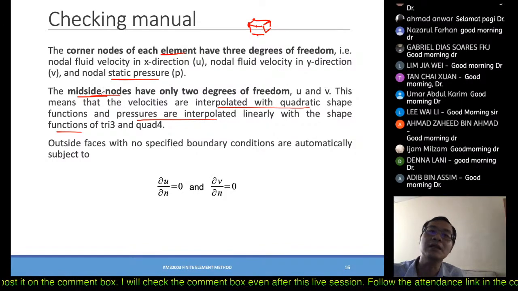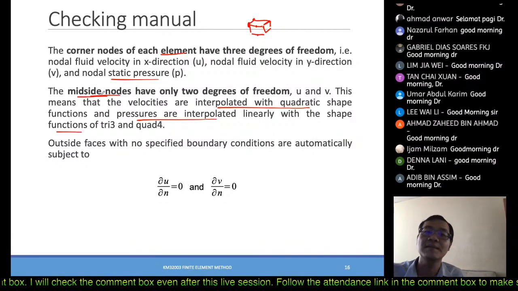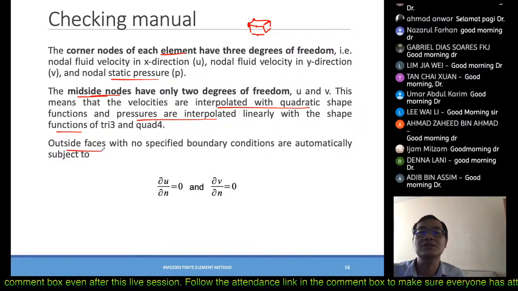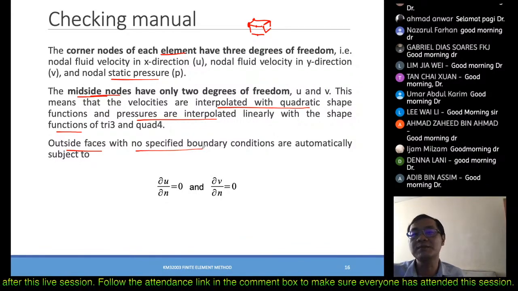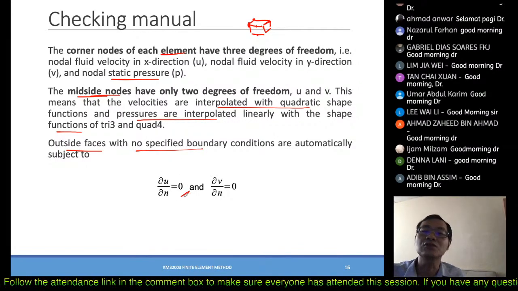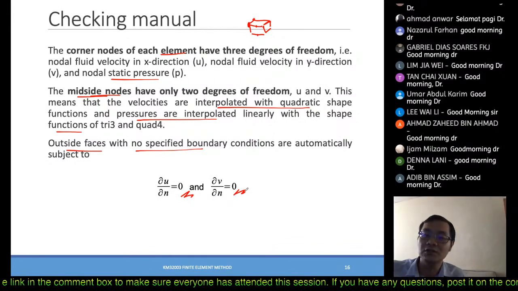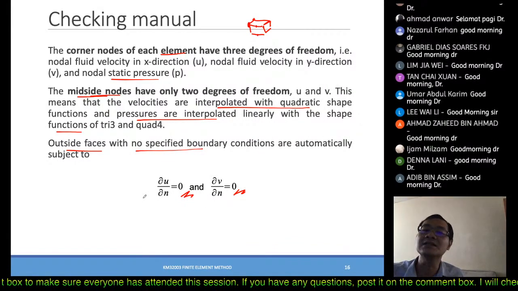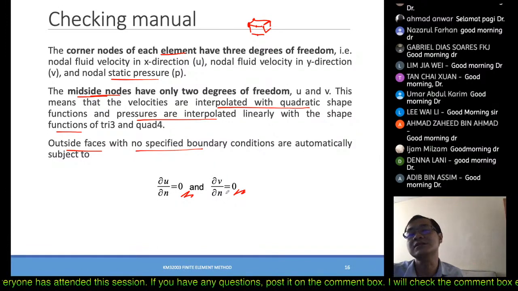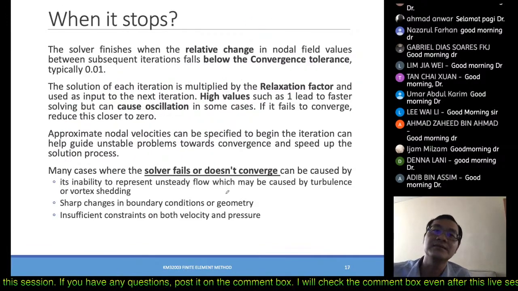This is how they do the calculations. So outside faces with no specific boundary conditions are subjected to 0 rate. So the n itself is just the direction. It can be x, y, and z.